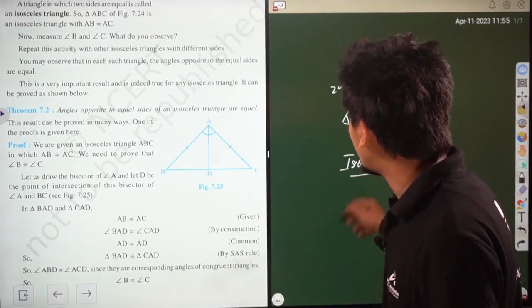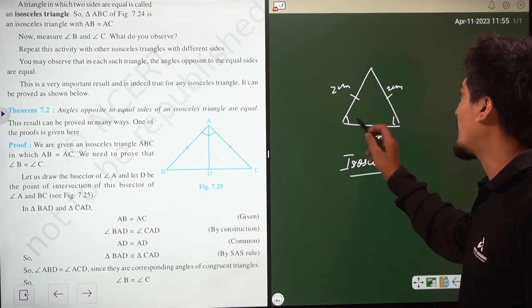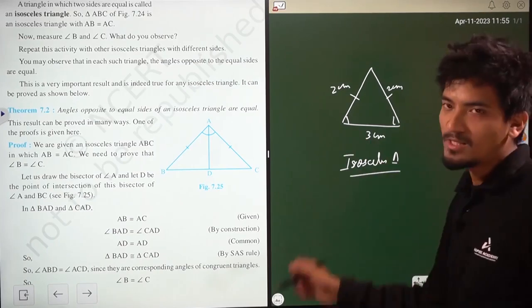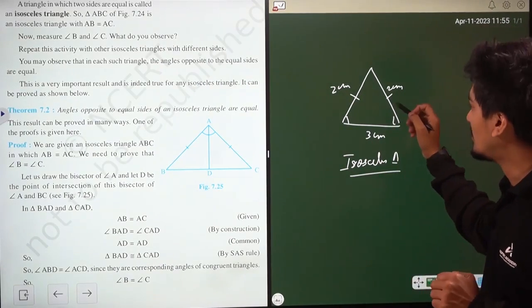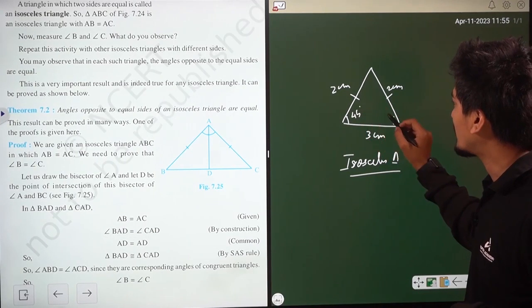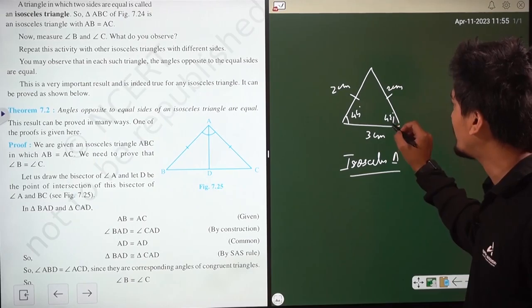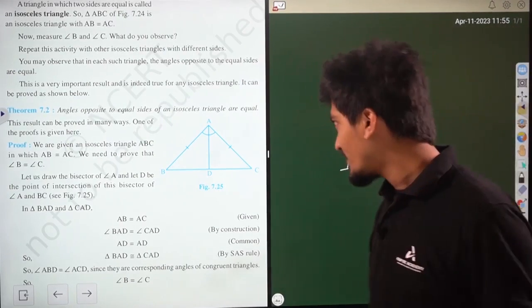That means since these two sides are equal, the angles opposite to the equal sides are also equal. That means if this angle is 45 degrees, this angle should also be equal to 45 degrees. Okay, this should be the criteria.